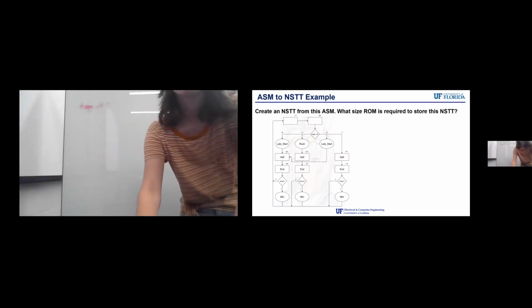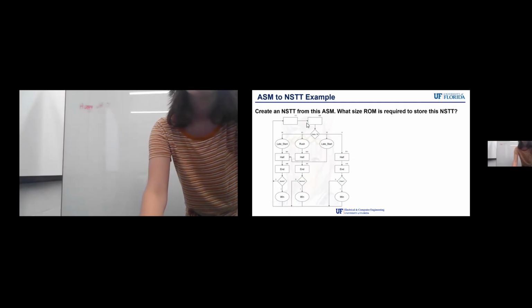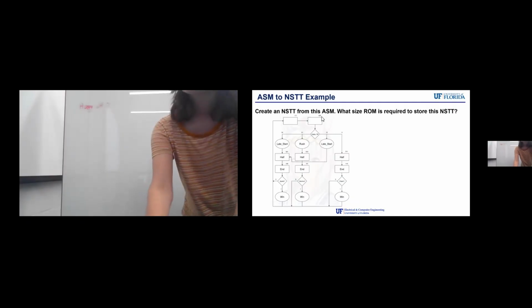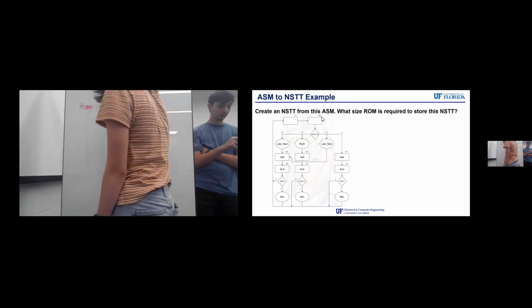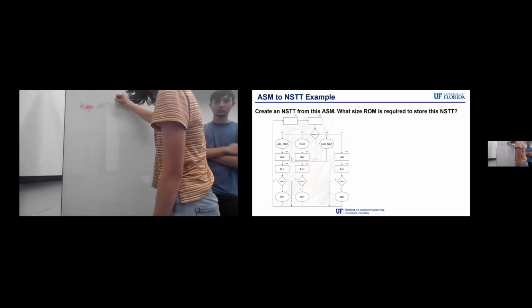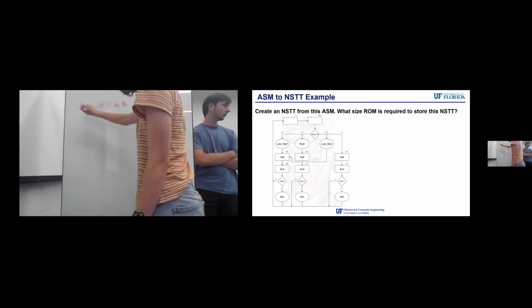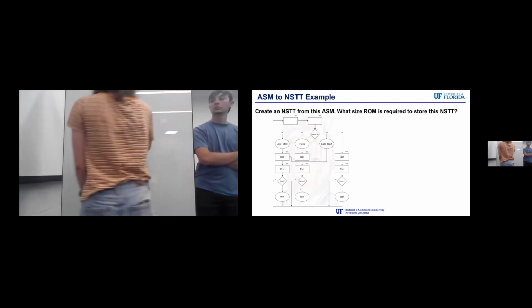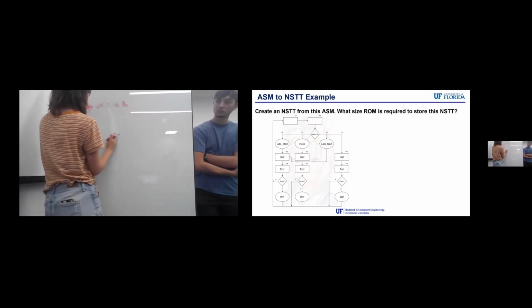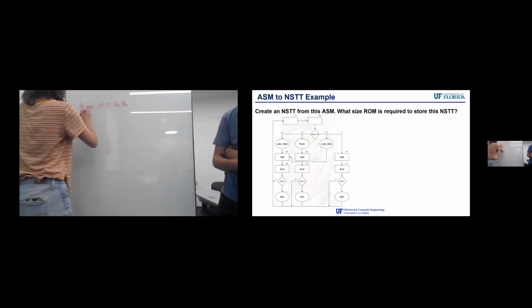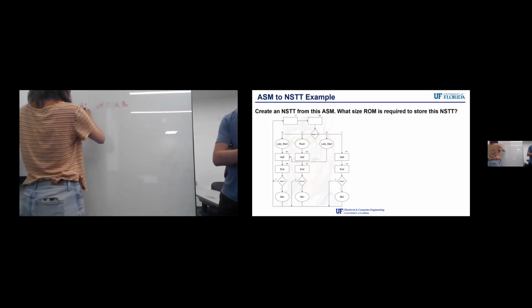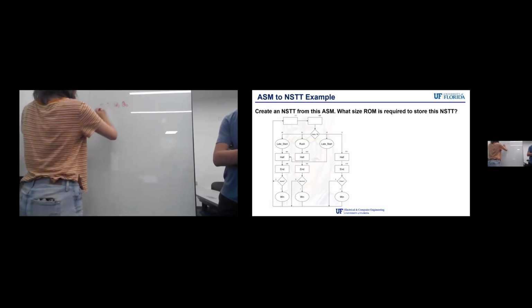And as you can see in the corner of each state, we have three state bits. So we're going to need Q2, Q1, Q0. I'm going to represent these with the first letter abbreviation.